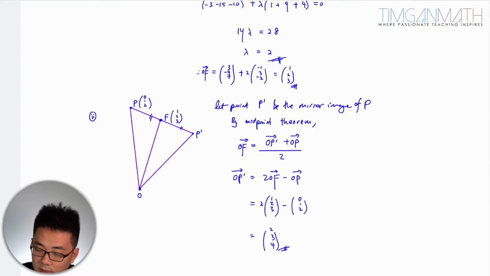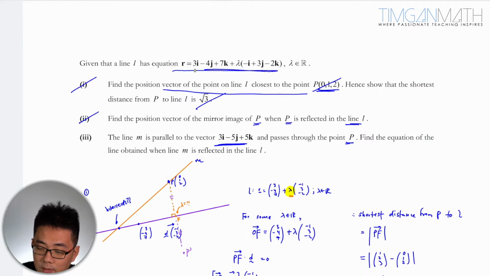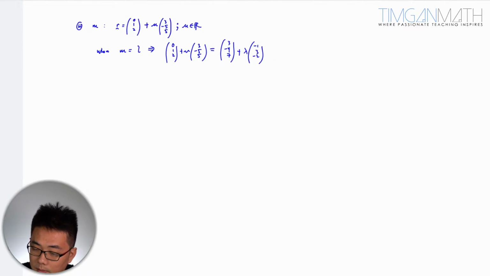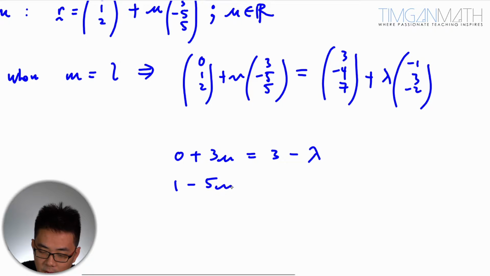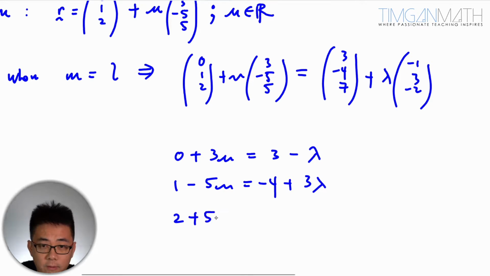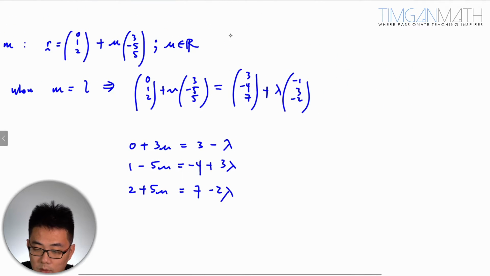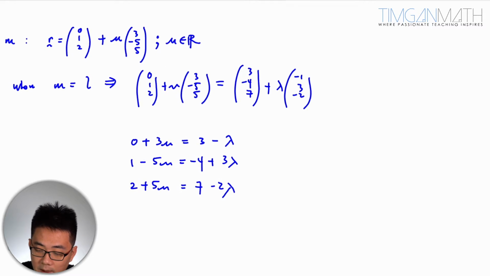I'm just equating both of these lines, L equals M. Then what we get is: 0 plus 3 mu equals 3 minus lambda; 1 minus 5 mu equals minus 4 plus 3 lambda; and 2 plus 5 mu equals 7 minus 2 lambda. So you just write down what is given at the top. This is what we get.